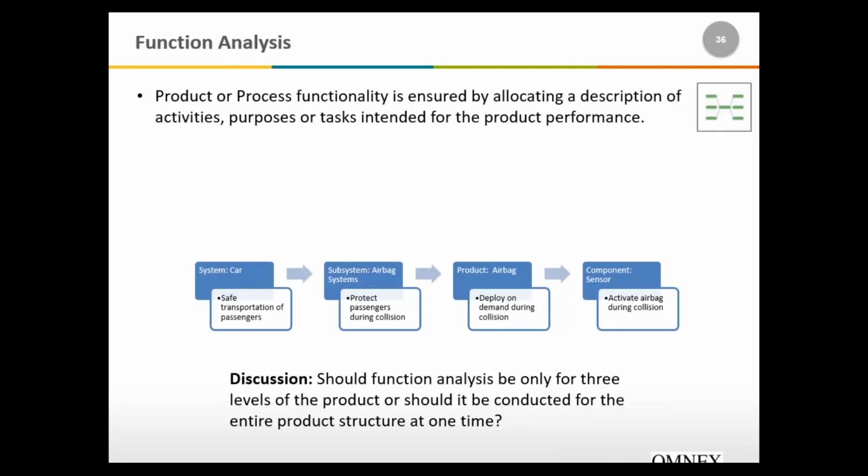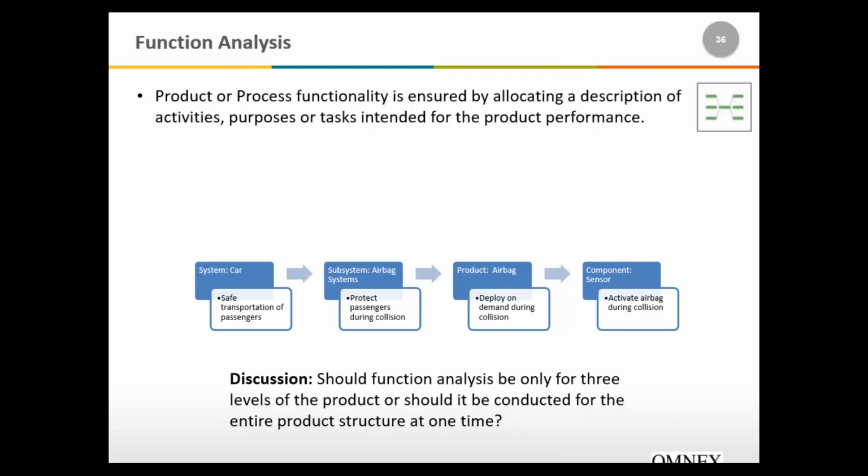What is the function of the airbag in order to do that for the system? In our case, in order to protect the passengers, we have to deploy on demand. Then we go down to the sensor level. What does that mean for the sensor? In order for the airbag to do its job, the sensor has to activate or identify when there is a collision. So when we're doing something like this, we definitely need the flow down of information.